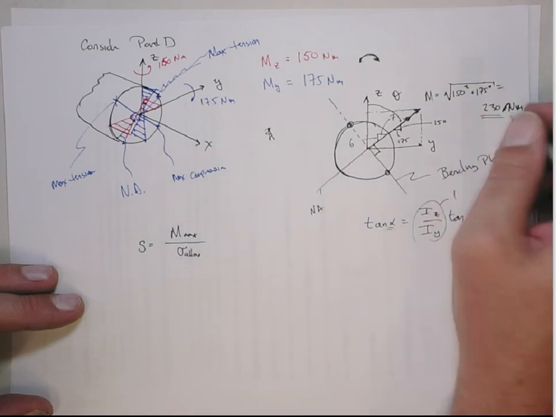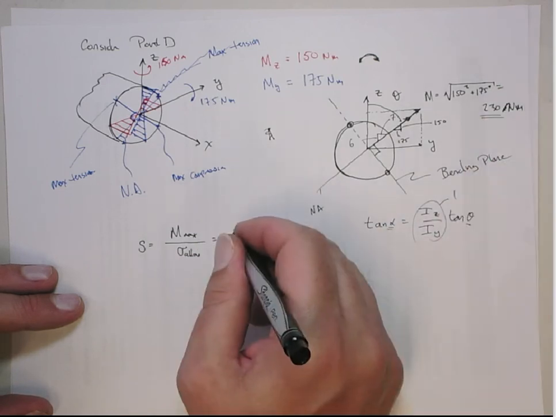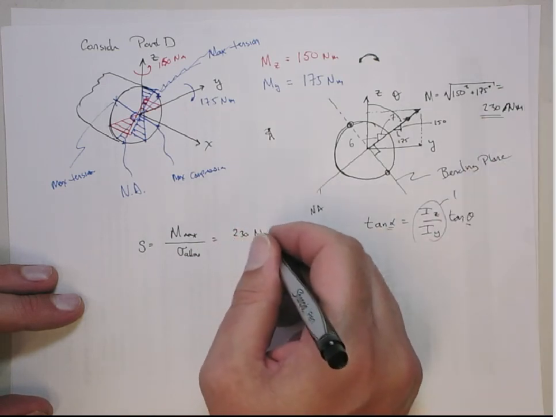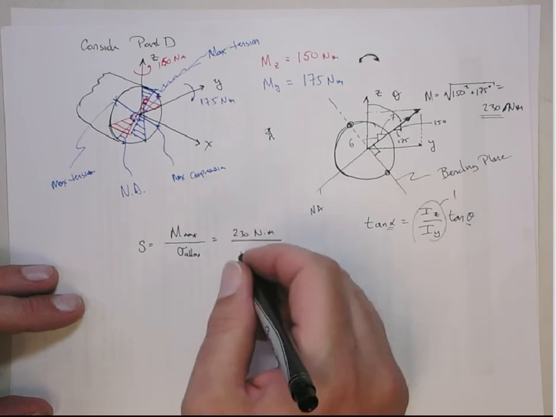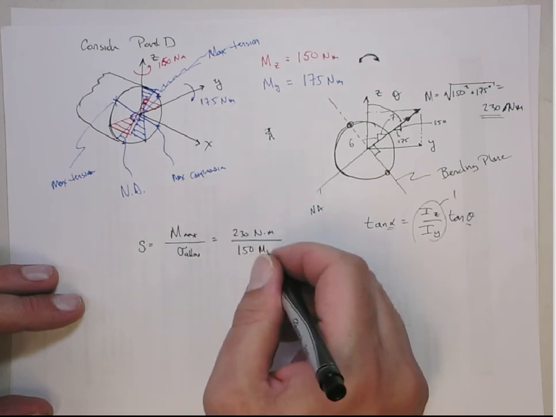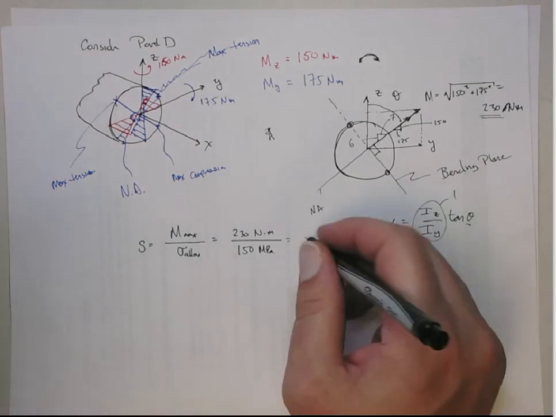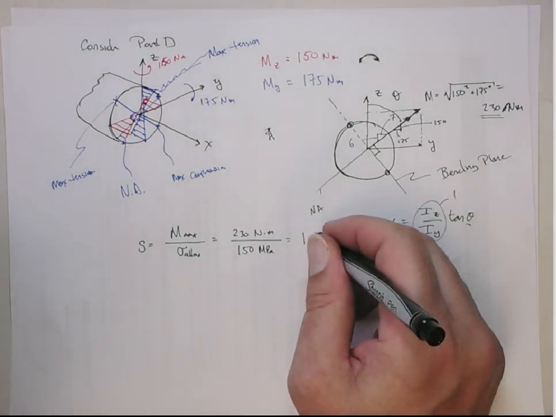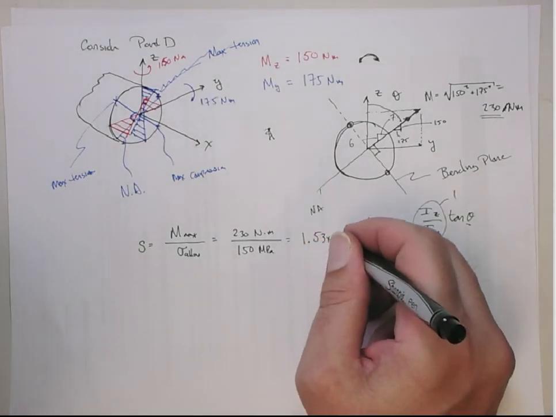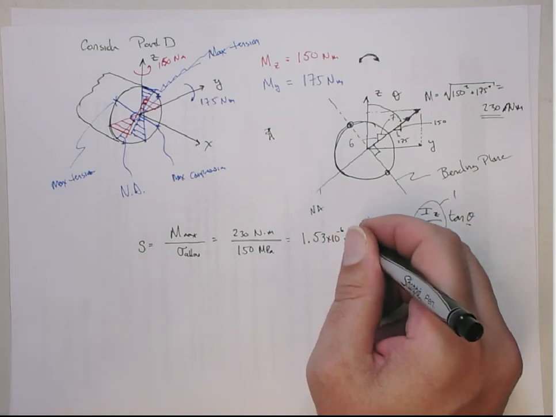Now in this case, this is the max stress. So that's the 230 over the 150 megapascals. And that's going to give me 1.53 times 10 to the minus 6 meters cubed.